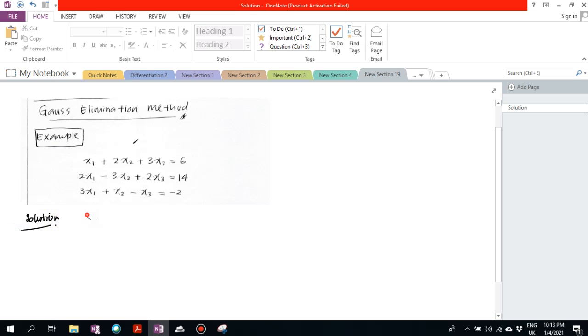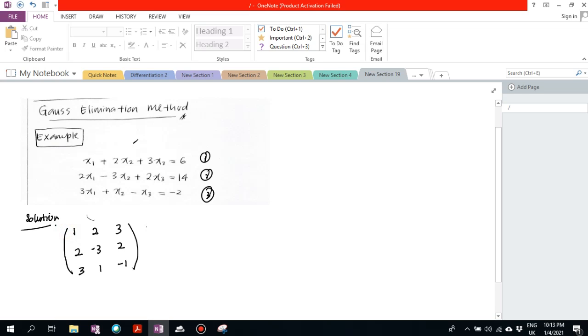first of all, we have three equations: equation number 1, equation number 2, and equation 3. That means we have 3 unknowns, x1, x2, and x3. You change this into matrix form, which is 1, 2, 3, 2, negative 3, 2, and also 3, 1, negative 1.